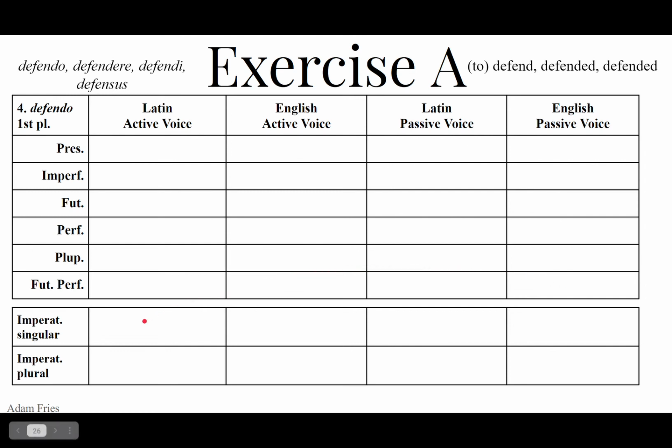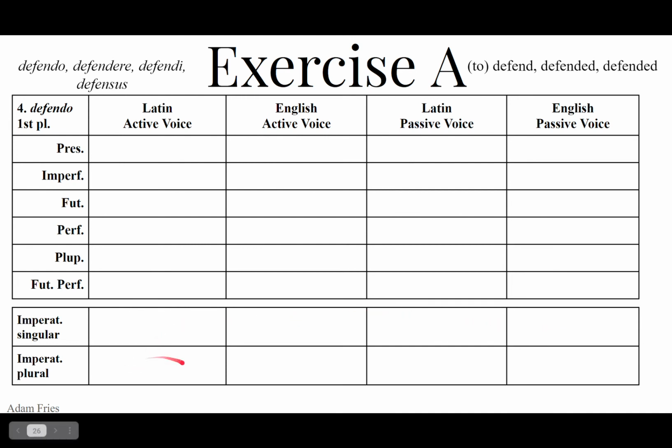The imperative active, singular, is the second principal part. Chop off the re to get defende. Defende. Defend. Come on, you, singular, thou, defend. The passive, defendere. Same as the second principal part. Be defended. Come on, you, get defended.